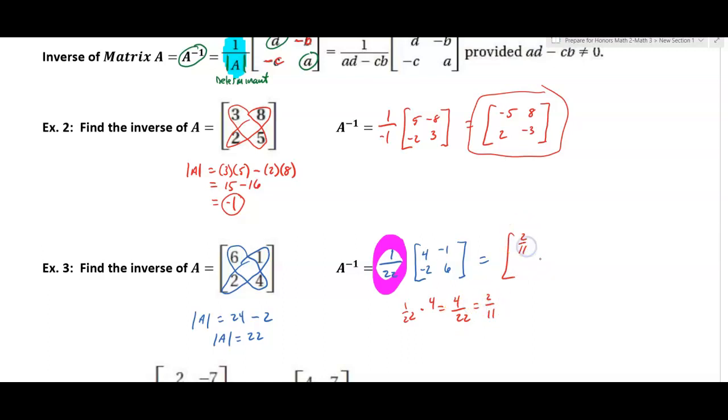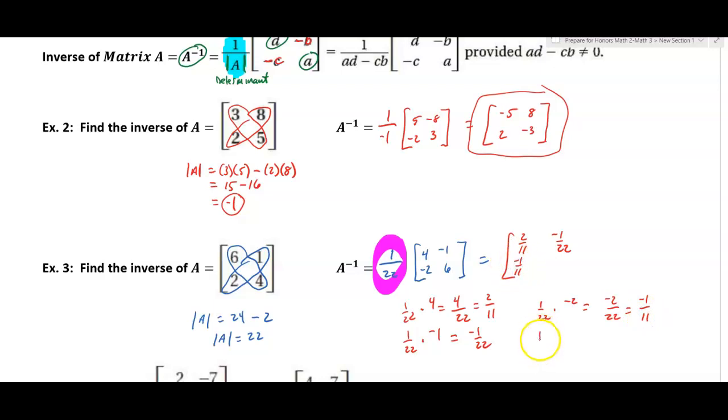So 2 elevenths. The next one, 1 over 22 times negative 1 would just be negative 1 over 22. 1 over 22 times negative 2 would give you negative 2 over 22, which is negative 1 over 11.